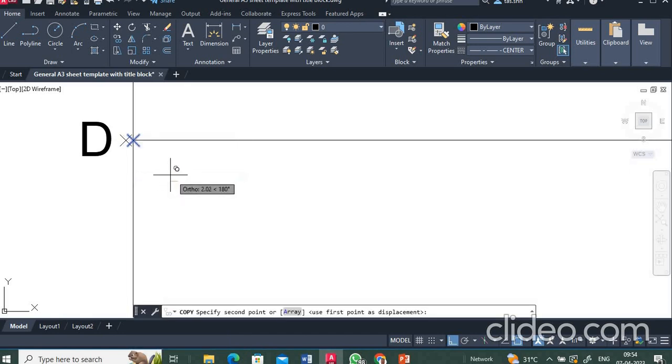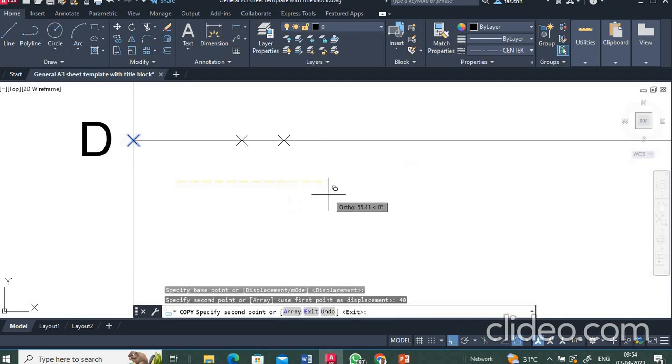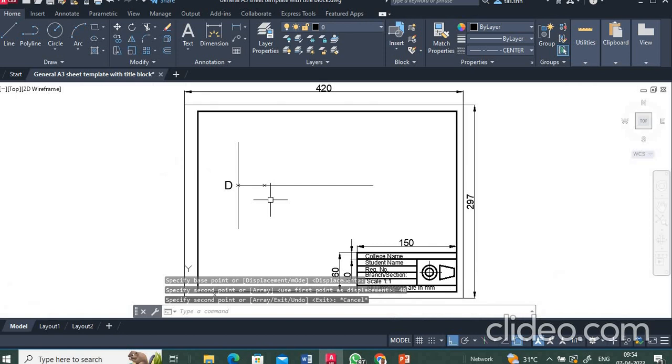Copy selection. Then here you can type 40. I got the point at 40 mm.